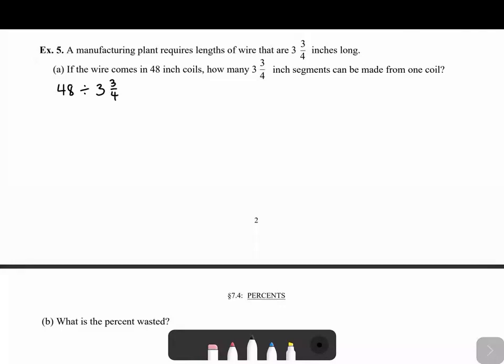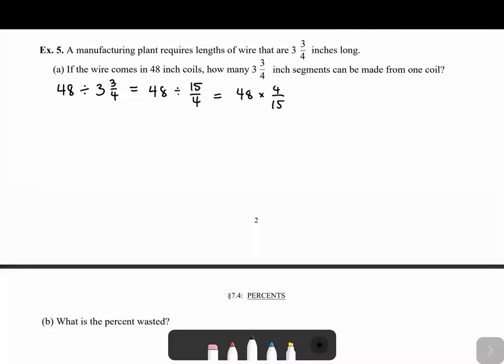So this is really the same thing as 48 divided by 3 3/4 converted to an improper fraction. So 3 is equal to 12/4 plus 3/4 is 15/4. And remember, to divide these fractions, we're going to flip the second number and multiply. So we're doing 48 times 4 over 15.